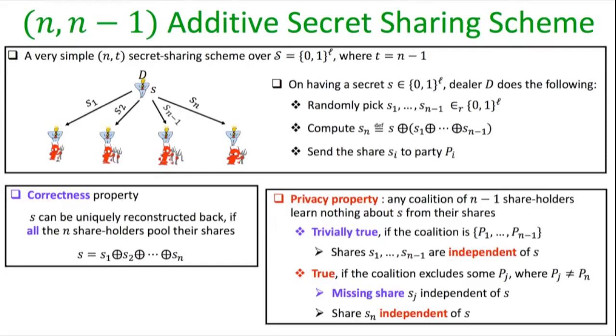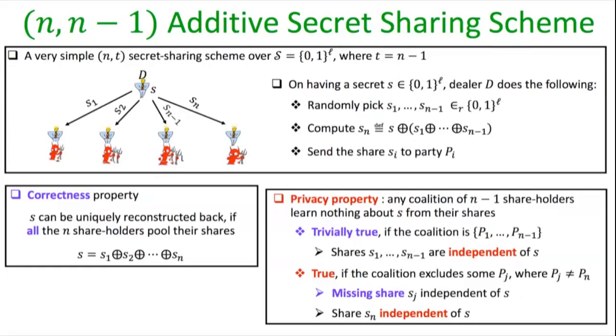So if that's the case, that means at least one of the shareholders among the first n-1 shareholders is not in the collusion, and the share for that particular shareholder was randomly chosen and independent of the secret S. So even if the collusion of n-1 shareholders includes the last shareholder, it still holds that those n-1 shares are completely independent of the actual secret S.